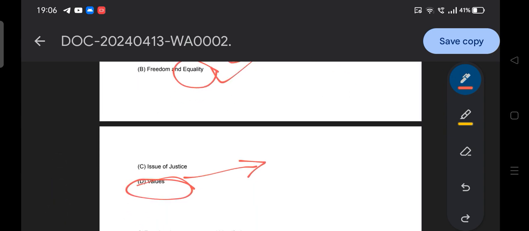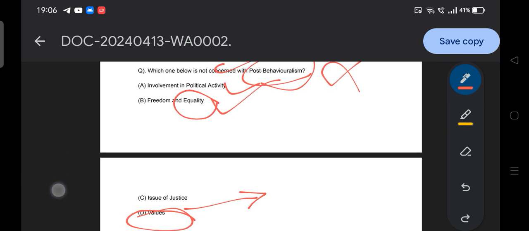And the issue of justice also, because nowadays justice is the crux. Social justice means eliminating inequality and treating humans as humans. That is the main crux of post behavioralism. We'll discuss what post behavioralism is and the seven principles of post behavioralism.